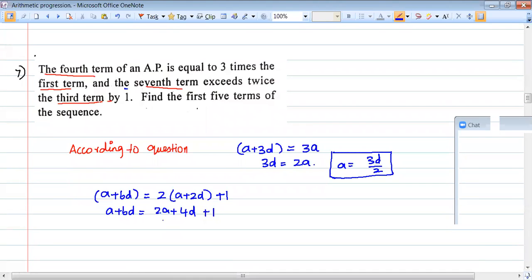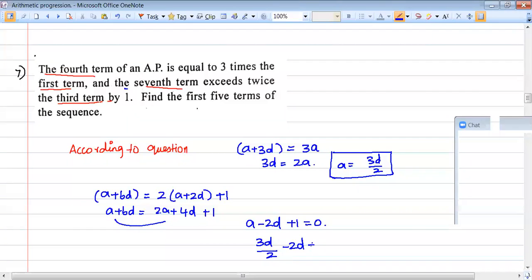Here, if you take everything to this side, how will it come? A minus 2D is E. Okay, so minus 2D plus 11 is equal to 0. Now instead of A, substitute 3D by 2.